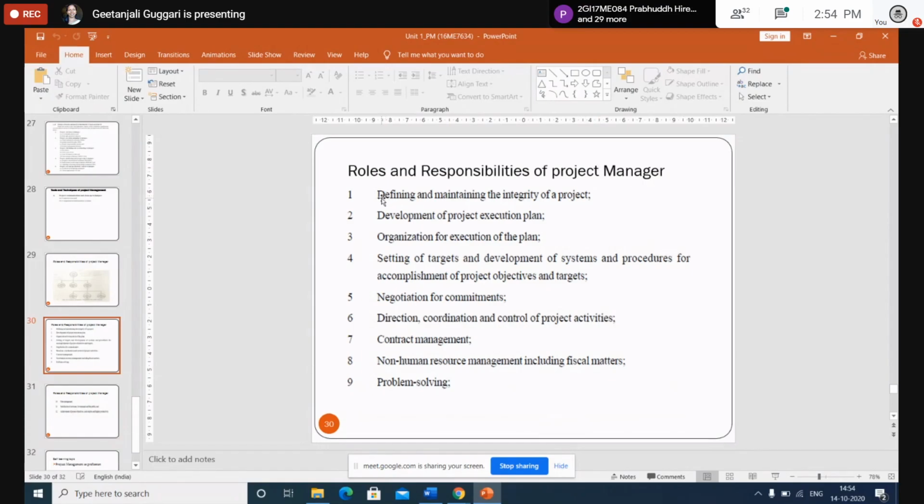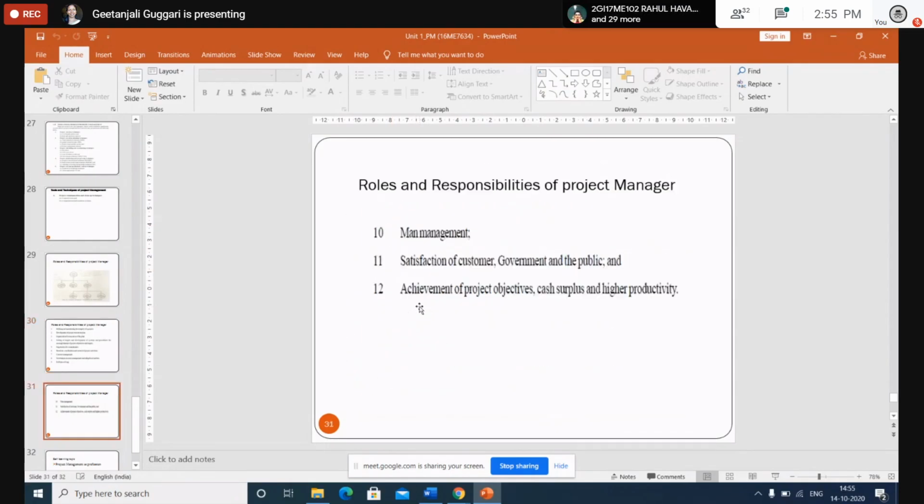Your responsibility will be defining and maintaining the integrity of the project, development of a project execution plan, organization of the execution plan, setting of targets, development of the system. Like this, you should list out all the roles and responsibilities of the project manager.